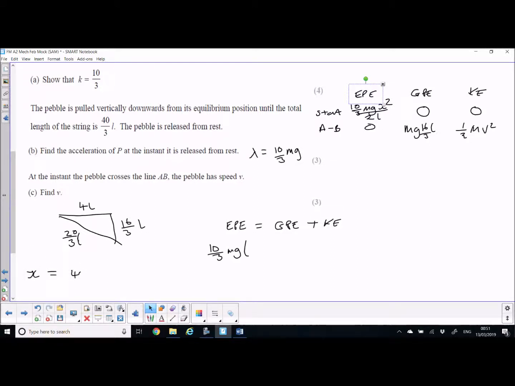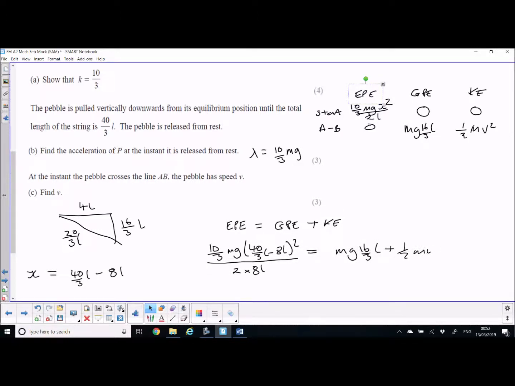It was extended to 40/3L, and its initial natural length was 8L, so that's going to give us our extension. Remember, we need to square that. And then the natural length was 8L, and that's going to be equal to our mg times 16/3L plus a half mv squared.